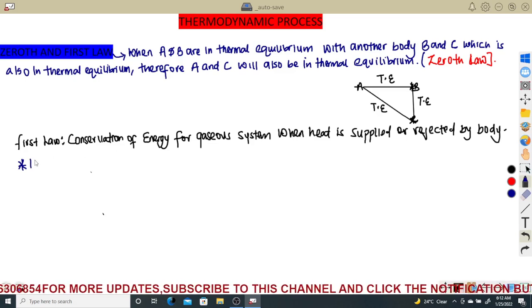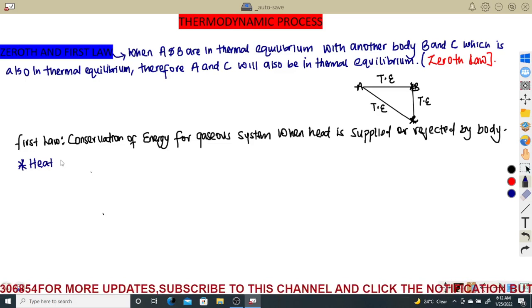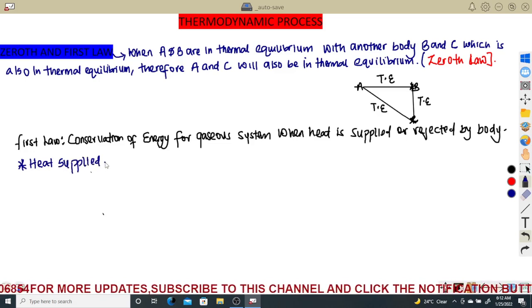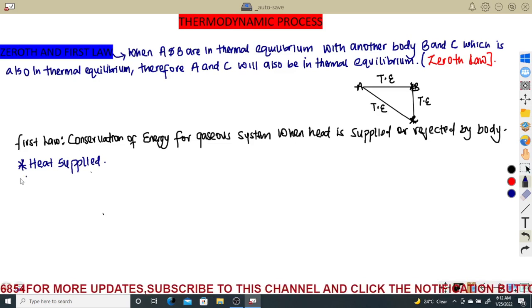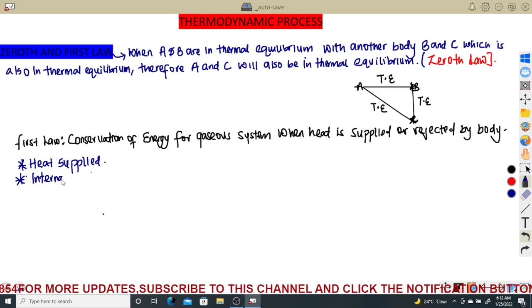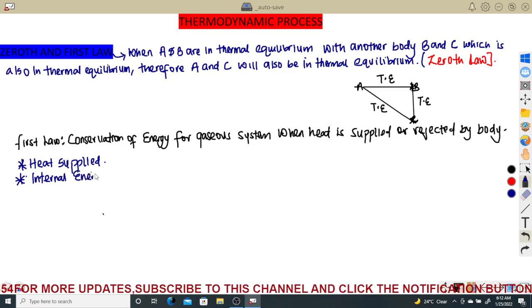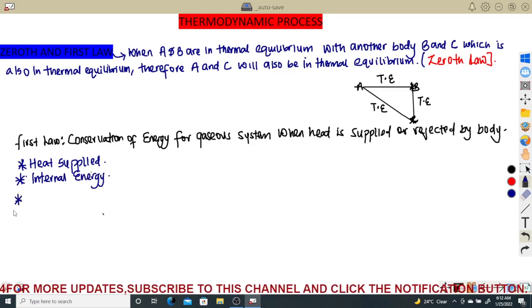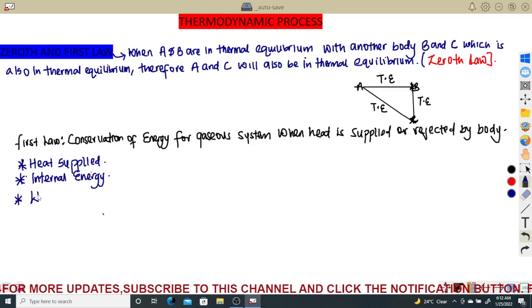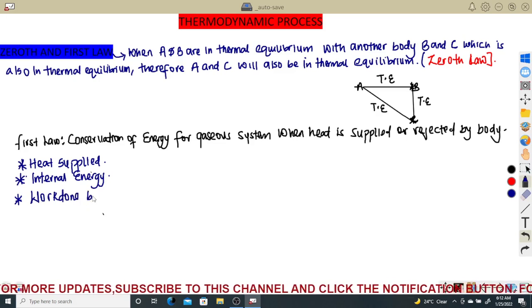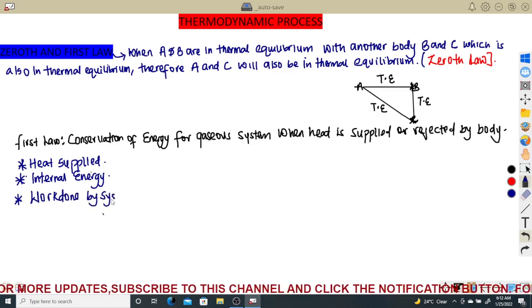We use the heat supplied to the body, which is very important to keep in mind. The second parameter is the internal energy. And the last is the work done by the system. So these three parameters are very important to keep in mind.